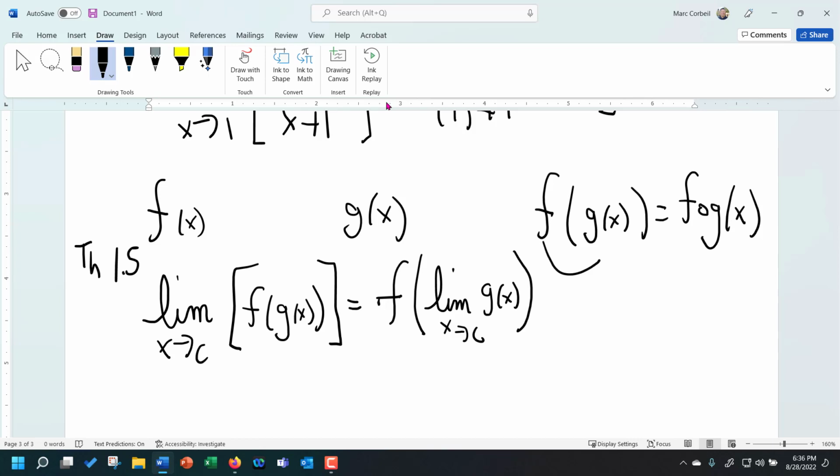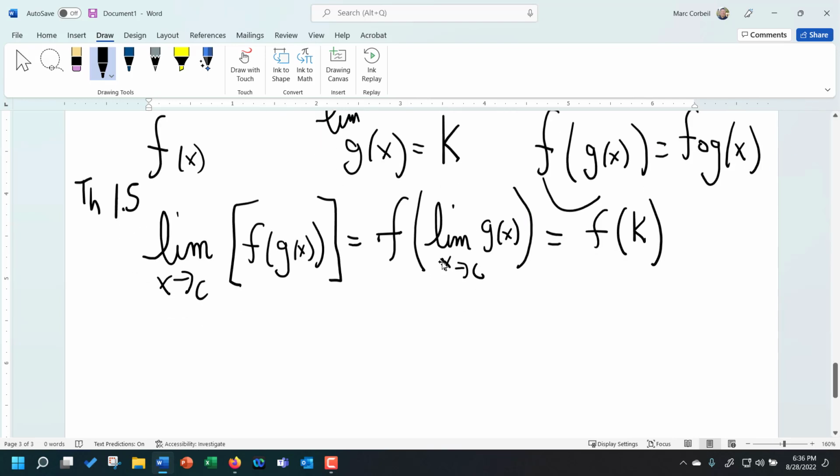And then whatever that limit is, let's say the limit of g of x is equal to, before we used the letter k for that, so we'll be consistent, that's simply going to be f of k as my limit. So that'll be a way of doing that.